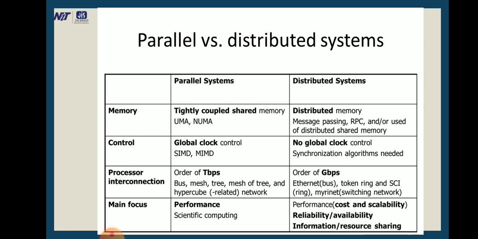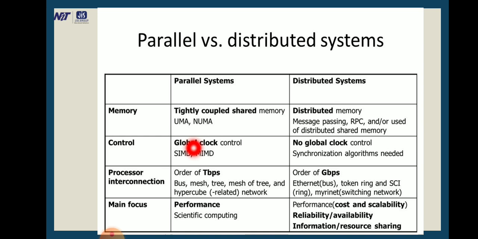Parallel versus distributed systems. These are the differences between parallel and distributed systems. When we compare memory, parallel systems are tightly coupled with shared memory, UMA, NUMA, etc. Distributed systems use distributed memory, message passing, RPC, and/or distributed shared memory.